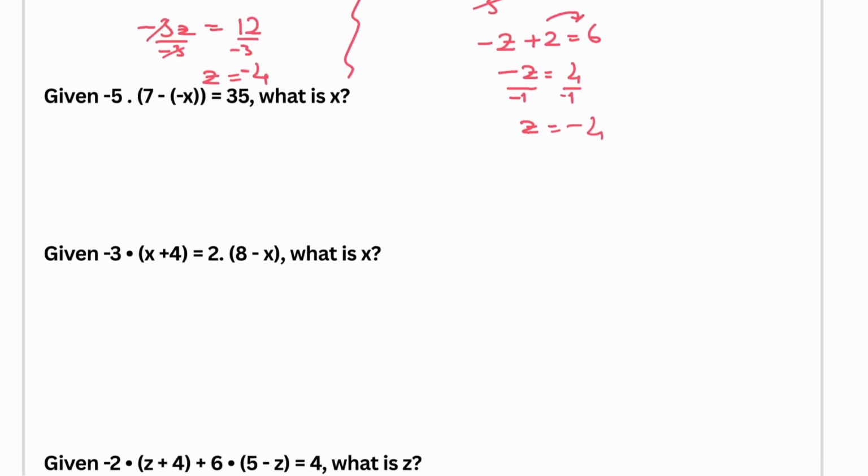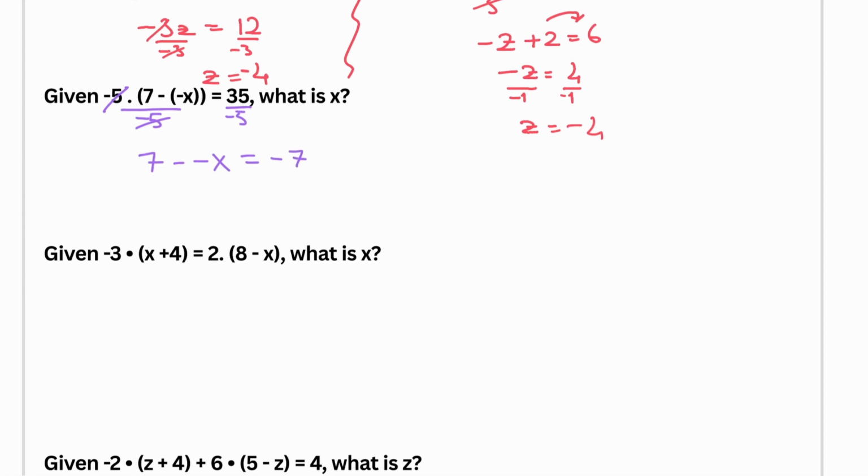Okay, let's do this one. It's asking what is x. We want to isolate x. So I can start by dividing both sides with negative 5, right? To simplify. This would leave us with 7 minus negative x equals negative 7.